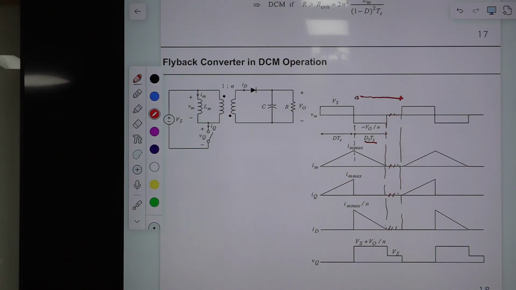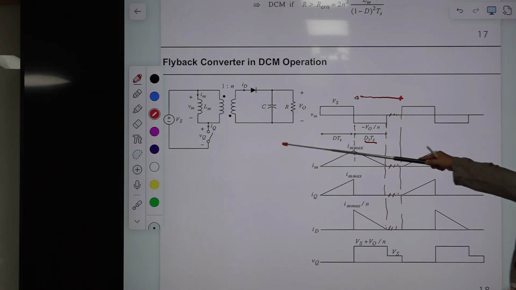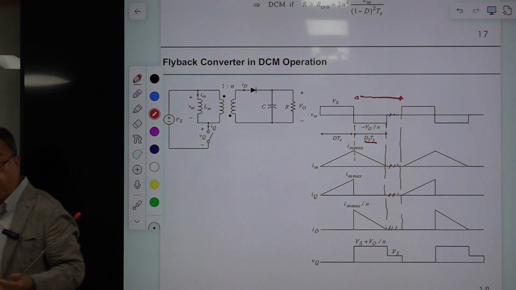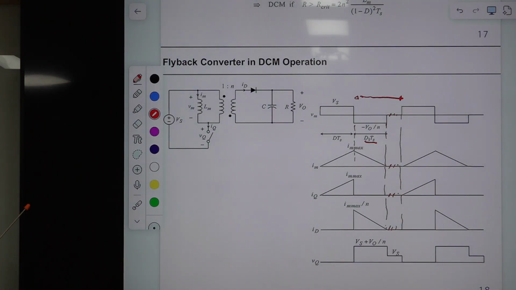Inductor current is not moving, it stays still. That means the voltage across the inductor is 0. If the inductor current is staying at some value, then the inductor voltage is also 0. So this VQ is Vs, right?